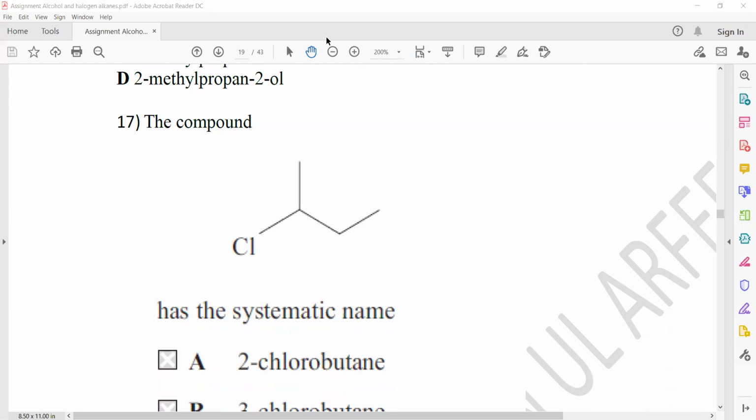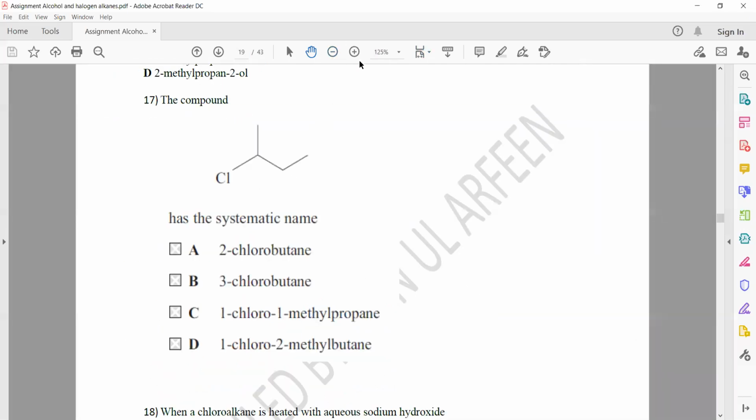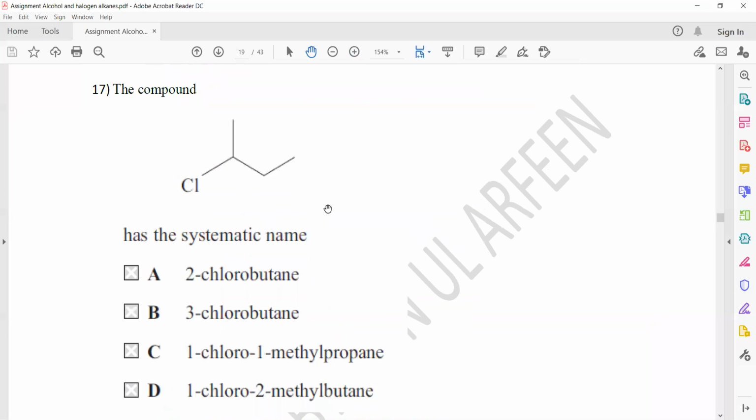The skeletal formula of a compound is given. Question 17, what is the systematic name of this compound?